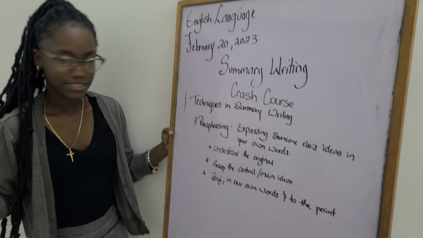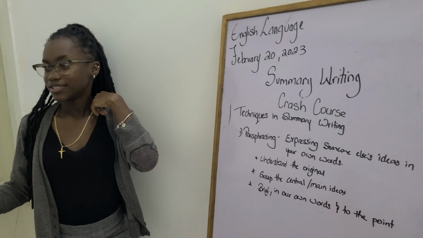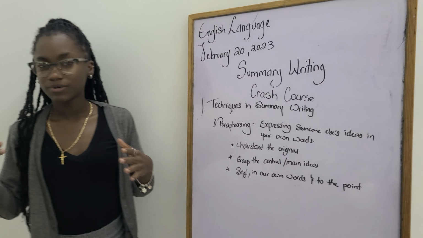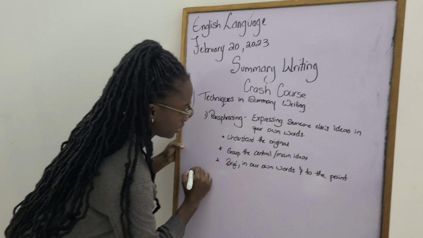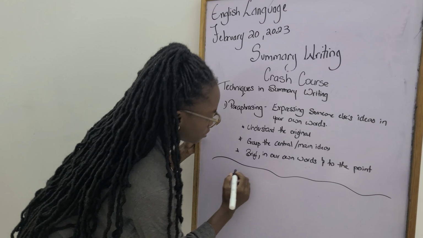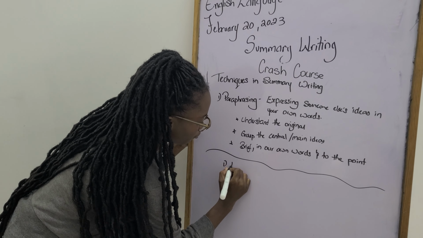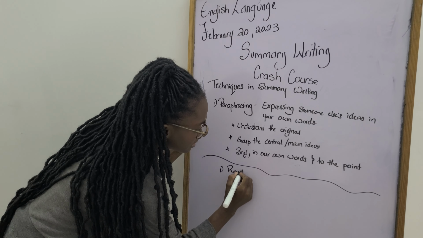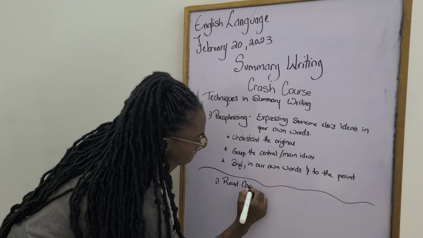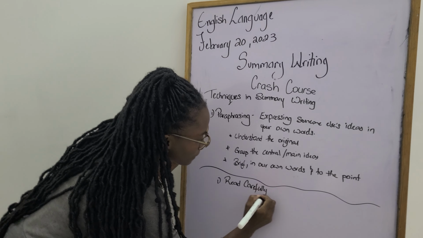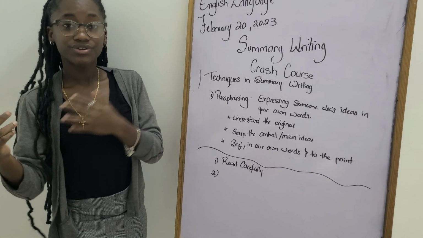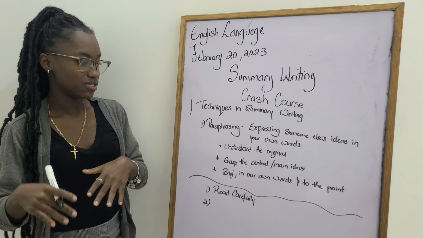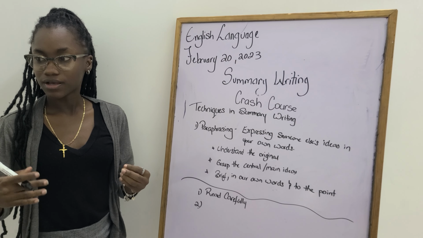Alright guys, I hope we're getting it so far. In paraphrasing, there are a couple steps that you want to remember. Step one, read the passage carefully. Two, once you read it carefully, you need to understand what it is saying.